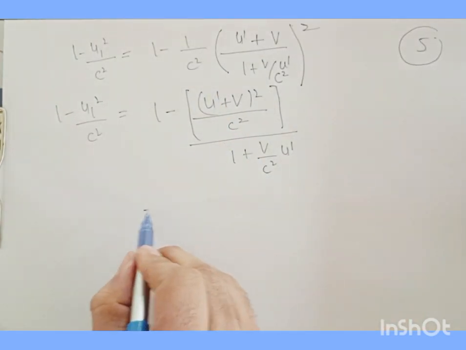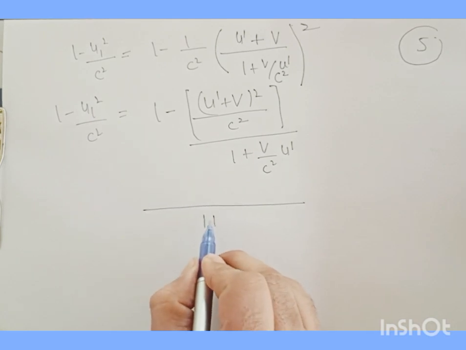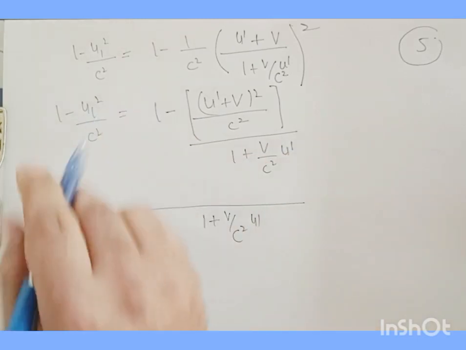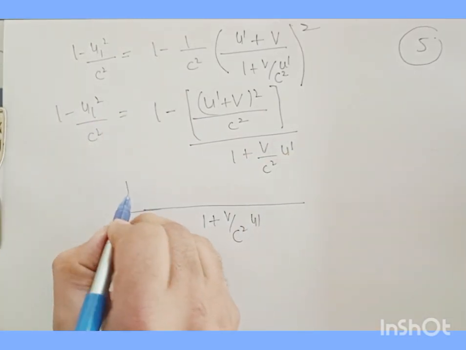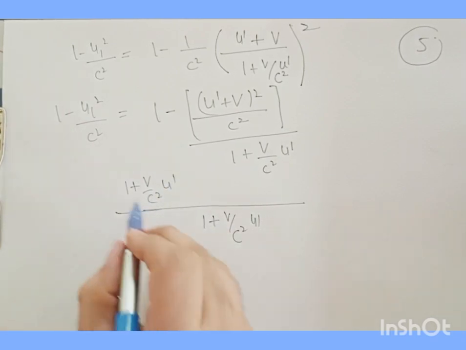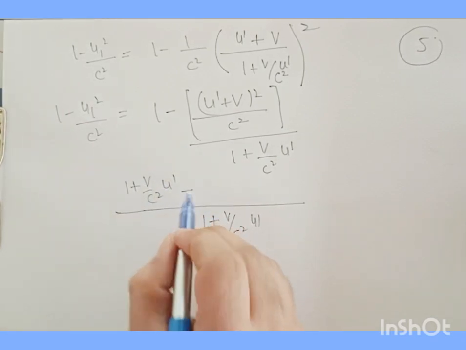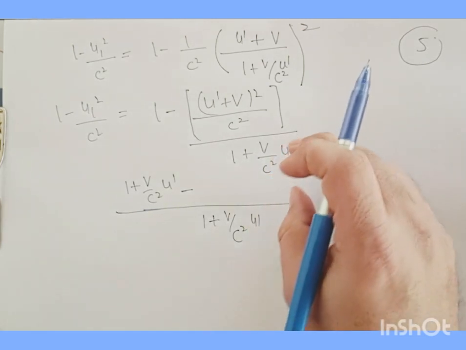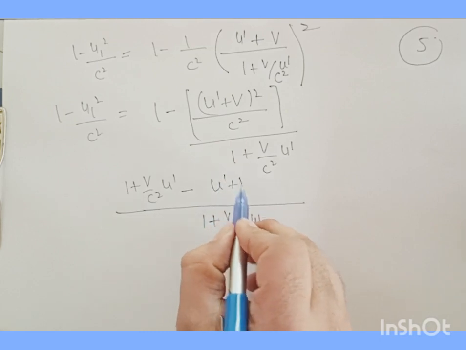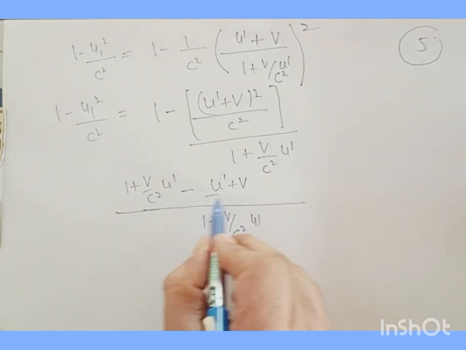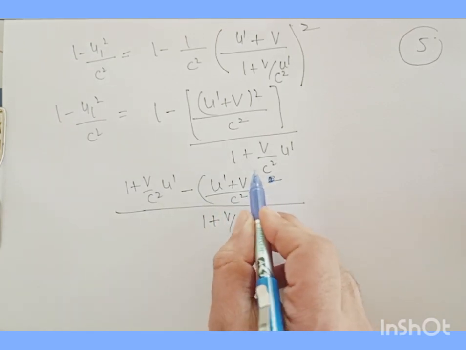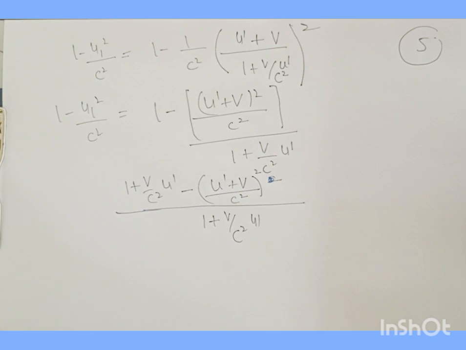And now I would like to have the LCM, that will be 1 plus v by c square u dash. Now this term will be multiplied with 1, and we'll get 1 plus v by c square u dash, then minus 1 times this, so this will be u dash plus v divide by c square whole square, all right? That should be the case.